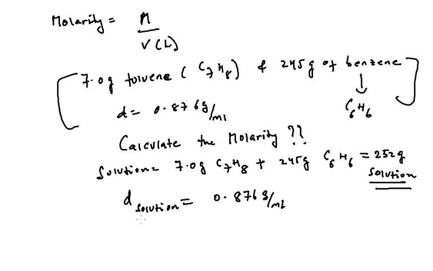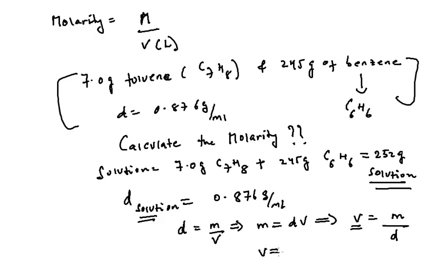By using this value, we're going to calculate the volume. Remember, in the previous video, I said density is mass over volume, so mass equals density times volume, and from here volume equals mass over density. We have the mass and the density, so we can calculate the volume.